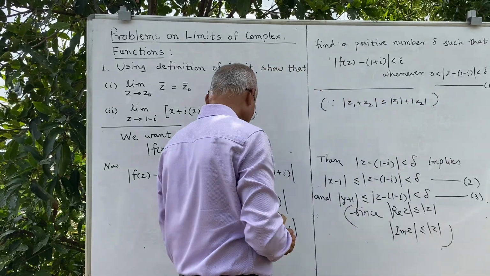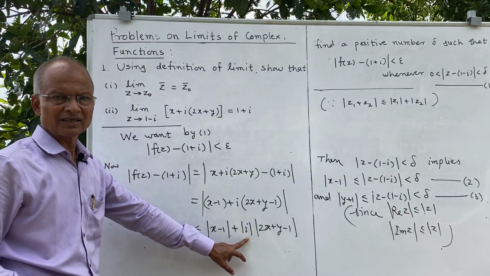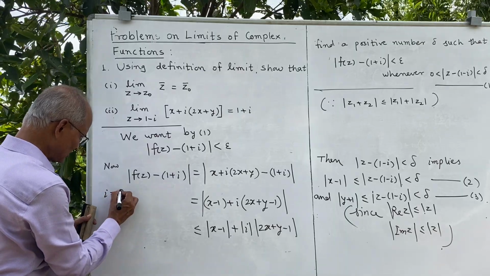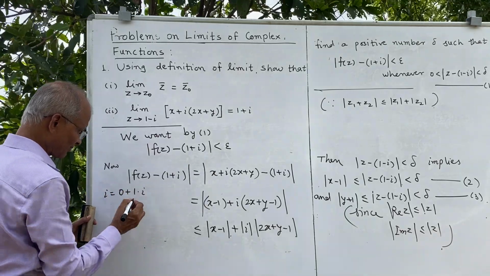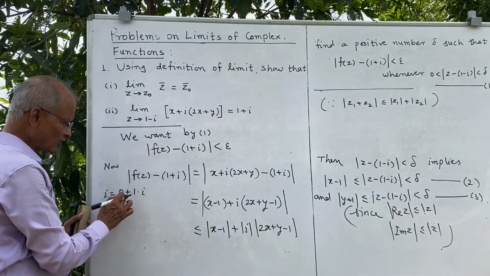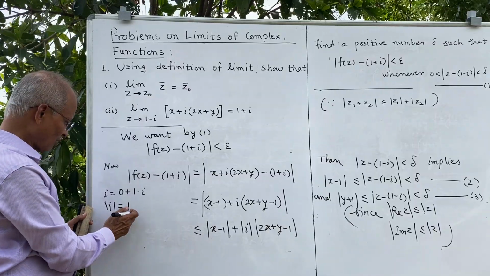So this property we have used, and again you see, what is mod I? Mod I is 1. I means 0 plus 1 into I, and its absolute value is under root of 0 square plus 1 square, which is 1, and therefore mod I is 1.